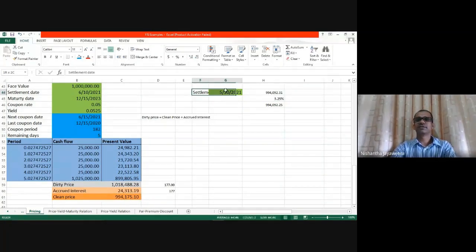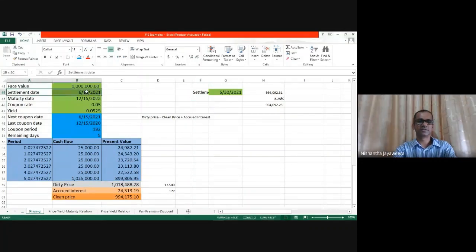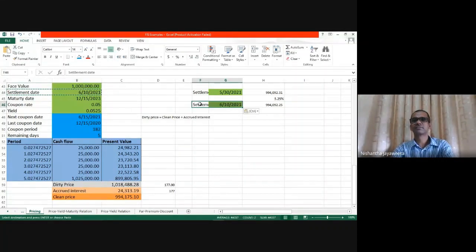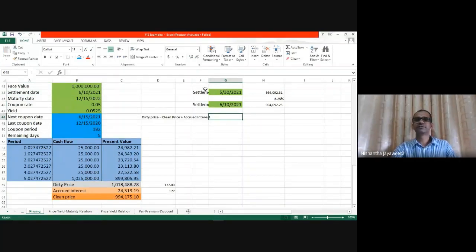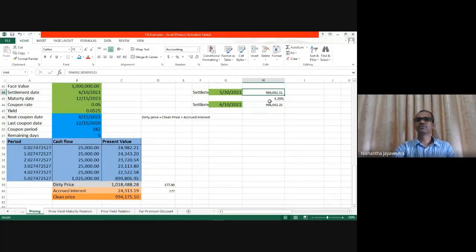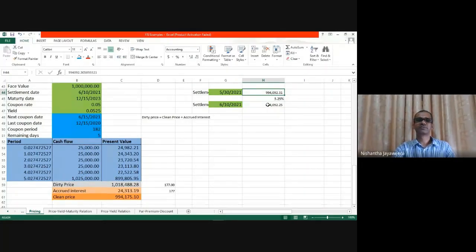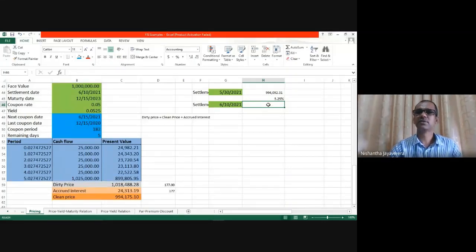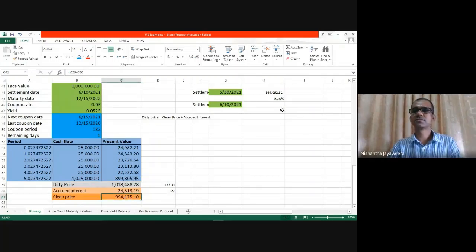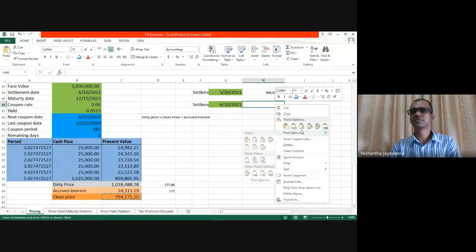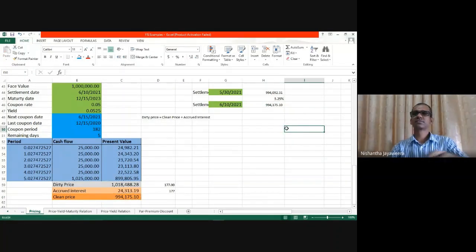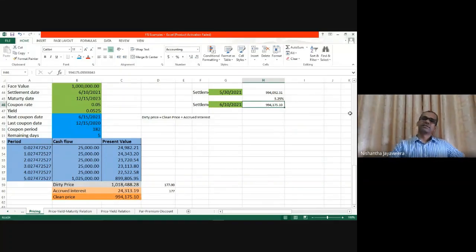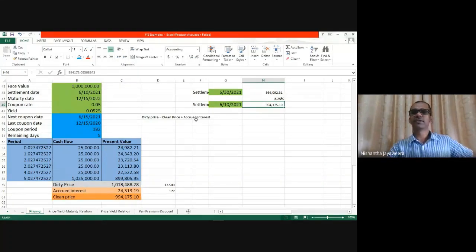This is the settlement date. So you bought it at 994,092. And you are selling at 994,175.